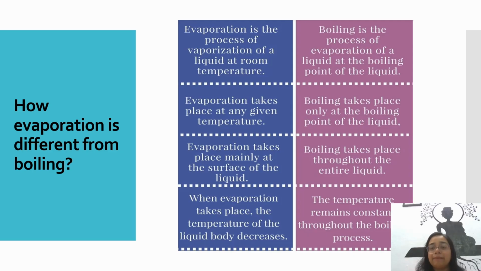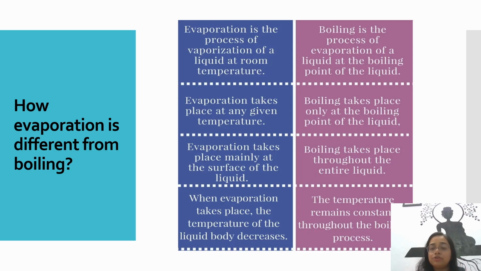If we take the example of sea water, everybody knows that evaporation of seawater takes place in summer, in spring, and in winter also. With the change of the season, our ambient temperature also changes, but in every season evaporation takes place.